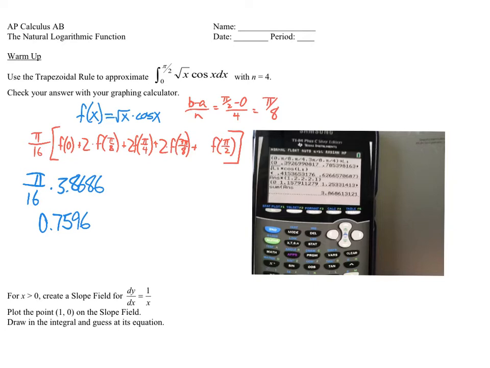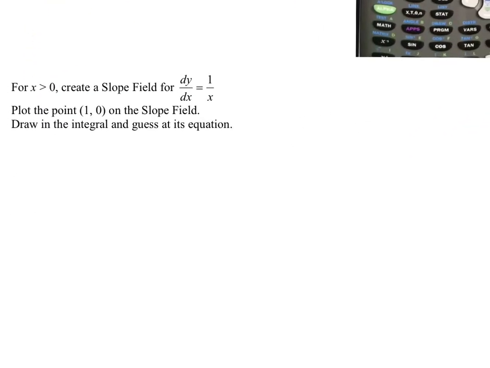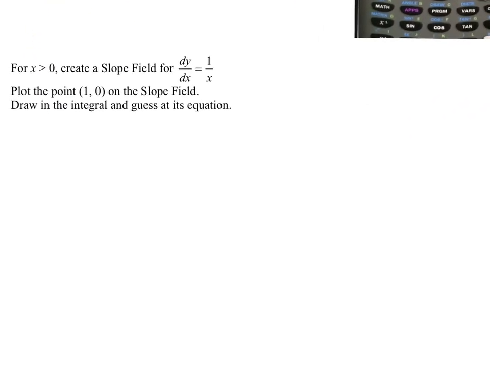Now, the second warm-up question here, create a slope field for dy dx equals 1 over x. Okay, so here we have a case where we're trying to draw a slope field.